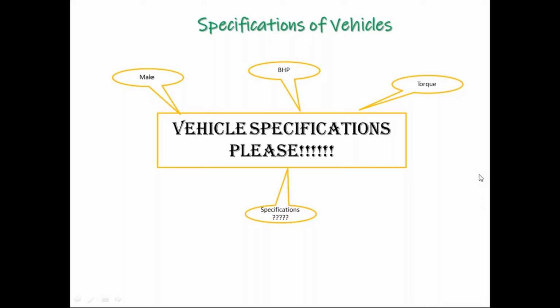There may be different types of required factors for purchasing an automobile. According to you, on what basis will you purchase an automobile? What was your necessity? That necessity is nothing but your vehicle specifications. So what type of specifications? I want a few answers from you.